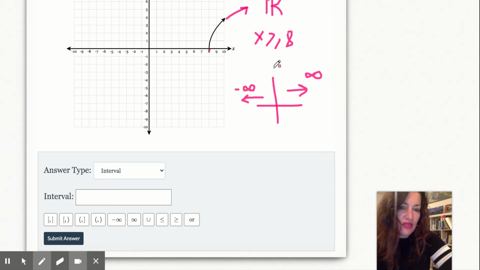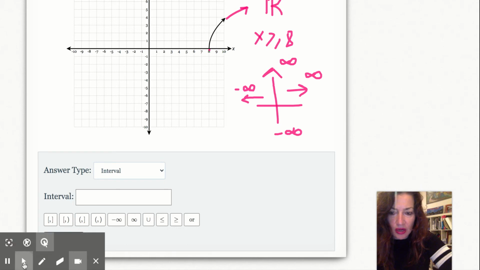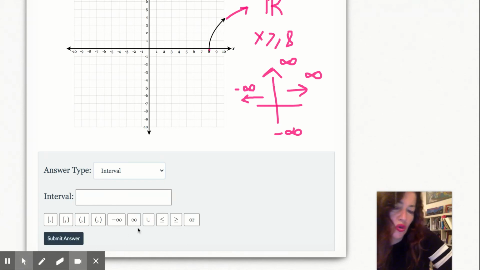Same thing with up. Anything going up forever is positive infinity. Anything going down is negative infinity. So you can see the options here in our little squares. They have negative infinity, infinity. Now this symbol right here means union, and I will explain that in a moment.